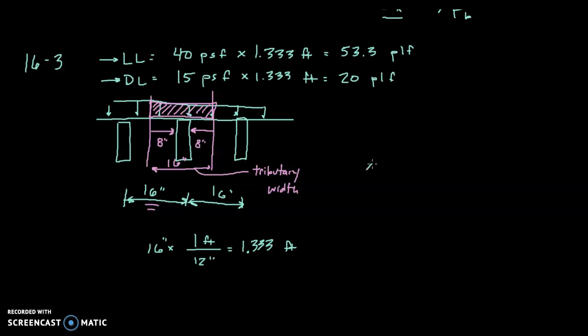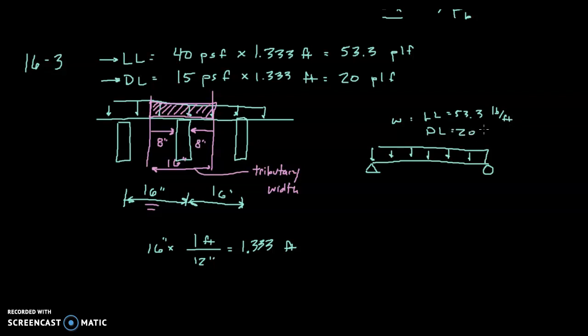So we're used to looking at a beam from the side, simply supported beam with a uniformly distributed load, which due to the floor loading in this problem and the tributary width will be, I'll keep it separate for now, w is going to equal a live load of 53.3 pounds per foot and a dead load of 20 pounds per foot.